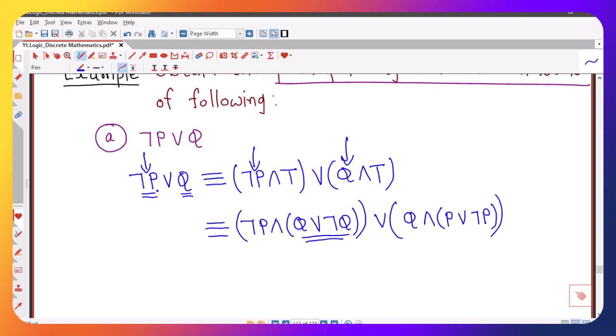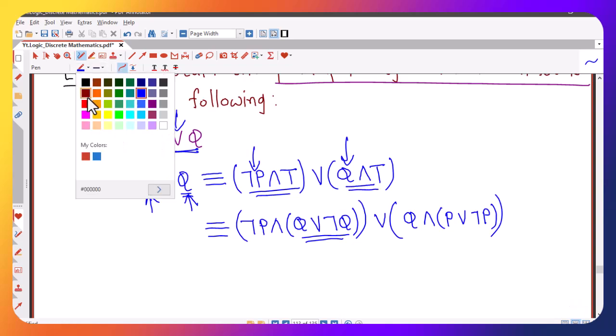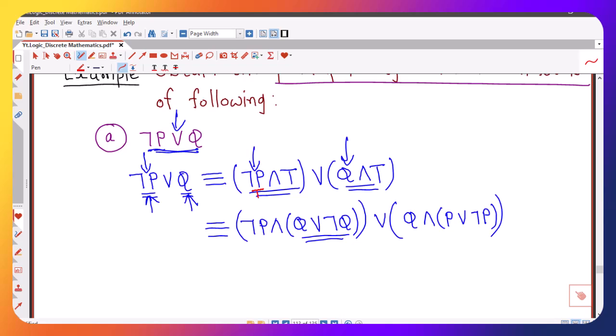Again we repeat, we want to obtain the principal disjunctive normal form of this formula. So here we can see this is disjunction of negation p and q, but negation P is not a min term. Similarly, Q is also not a min term. So to obtain min term, our first step is we use this fact that negation P and T is logically equivalent to negation P. Similarly, Q is logically equivalent to Q and T. Now here variable is P, we are using negation of P here.